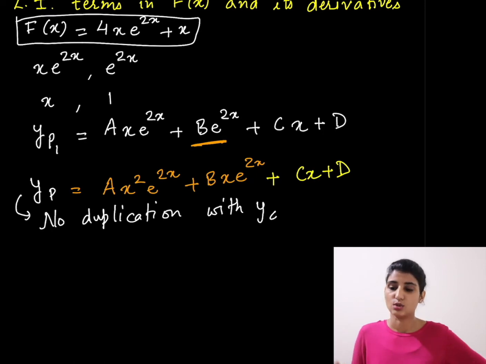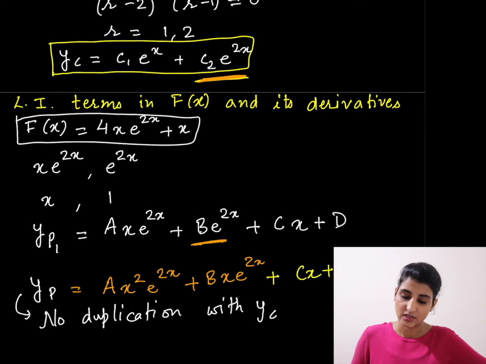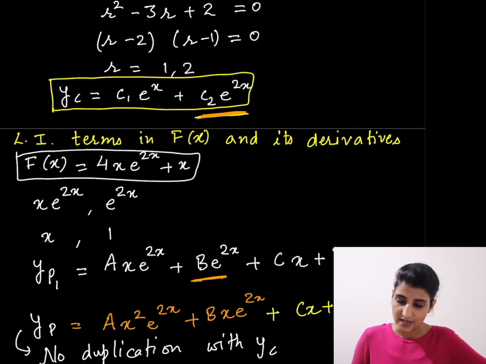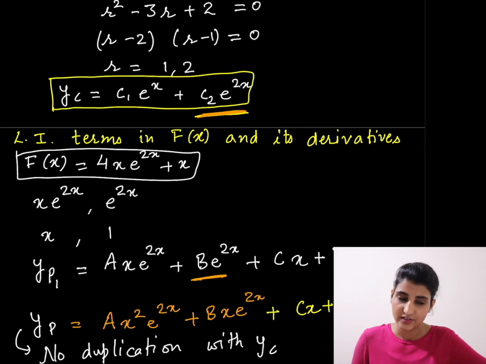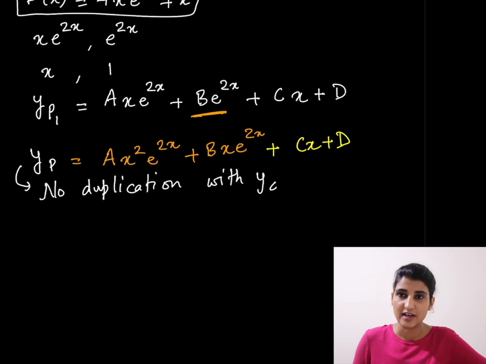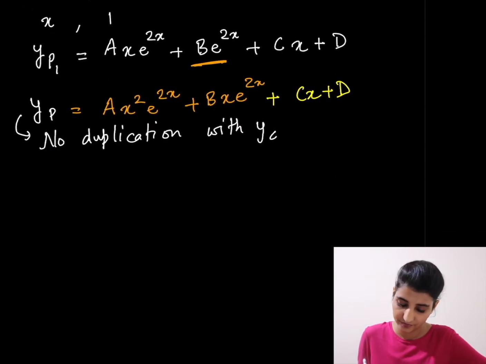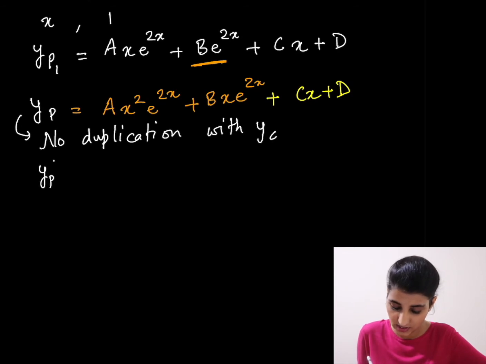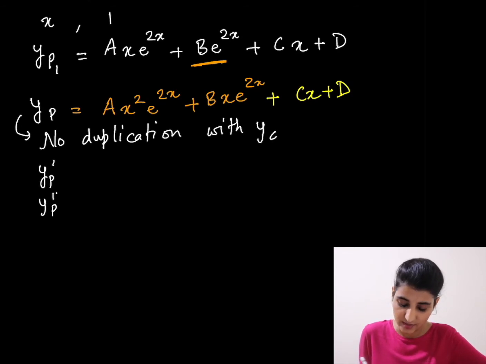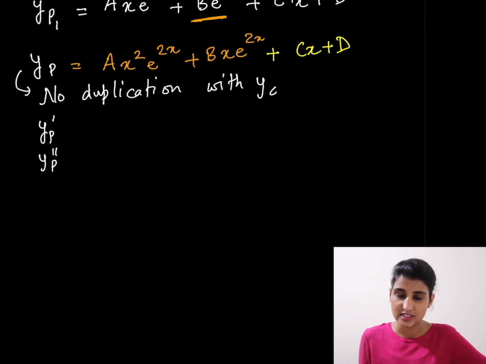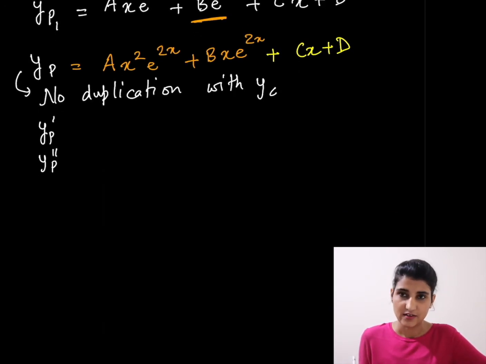So there is no duplication. So we can go ahead and plug this yp back in our equation, calculate yp prime and yp double prime to calculate these coefficients, find out the value of A, B, C, D and calculate our yp.